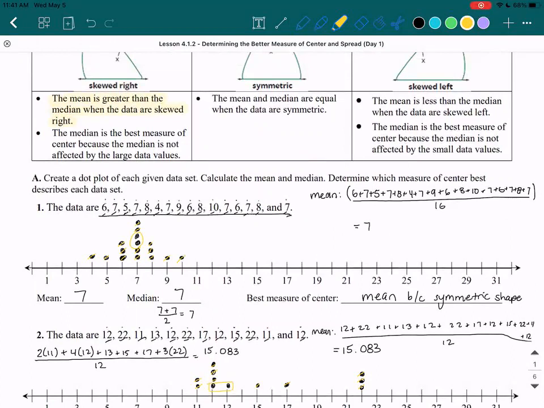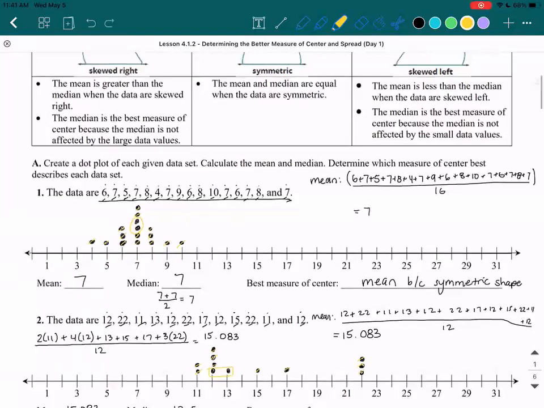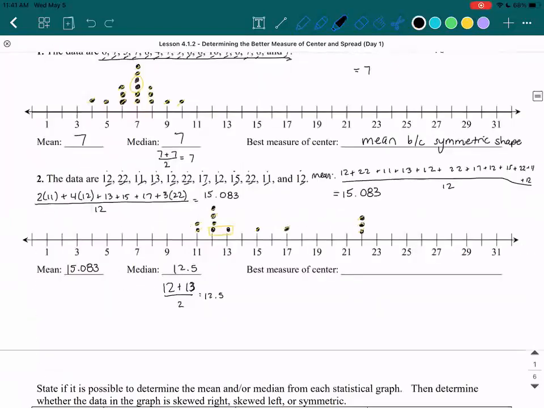So I highlighted over here, skewed right because the mean is greater than the median. So I'm going to say that the median, oh, let me write that out. Median because skewed right.